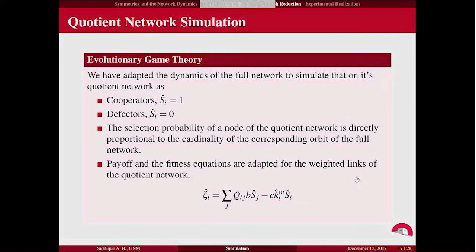So these two phenomena are not the same. We need a probability of removing nodes so that we can match the full and quotient simulations. This is why we made the selection probability directly proportional to the cardinality of the corresponding orbit of the full network. And the payoff and fitness equations are adapted because the links are weighted in the quotient graph.